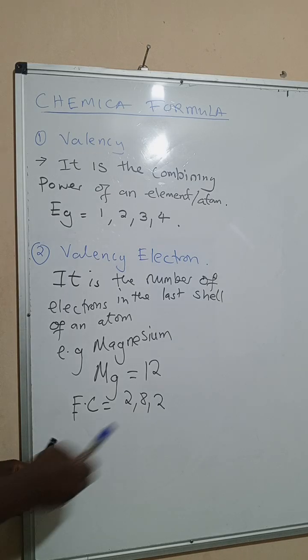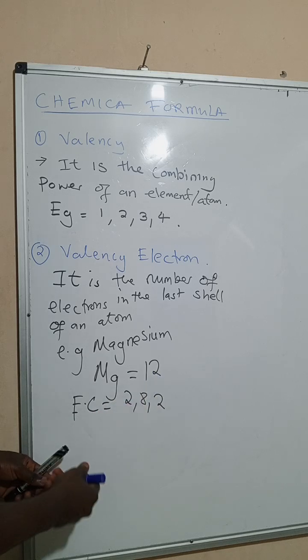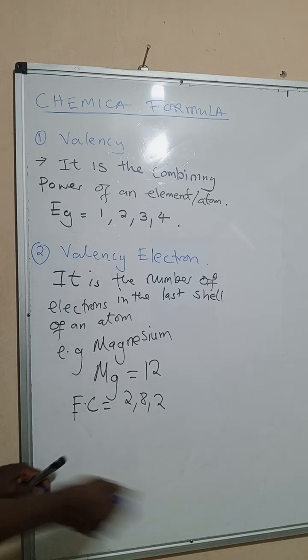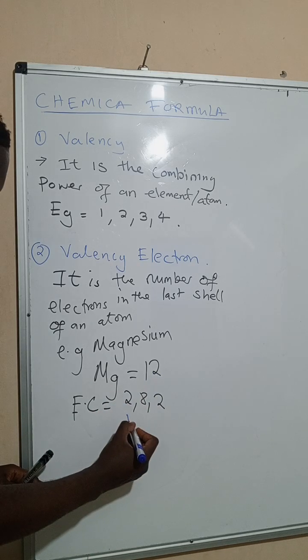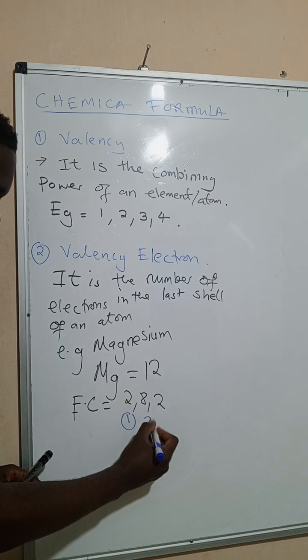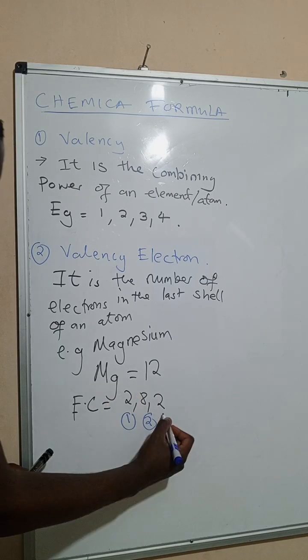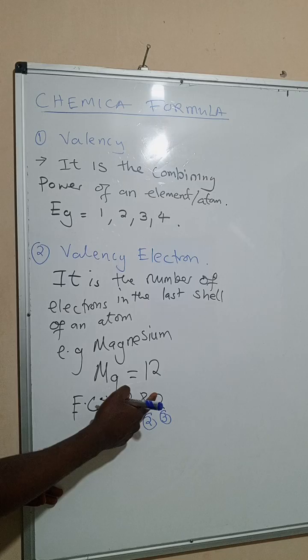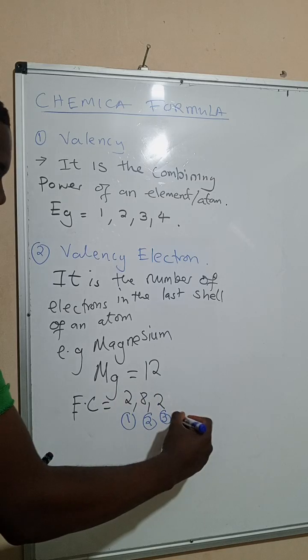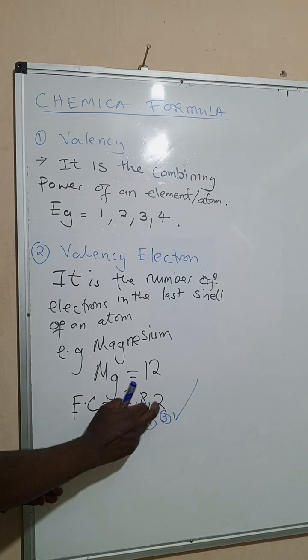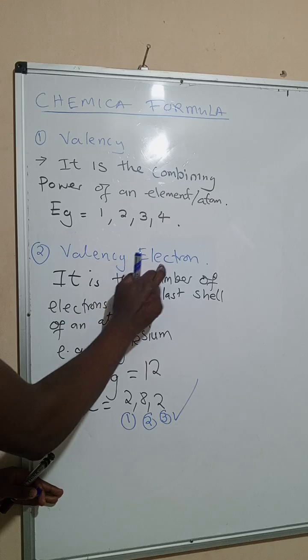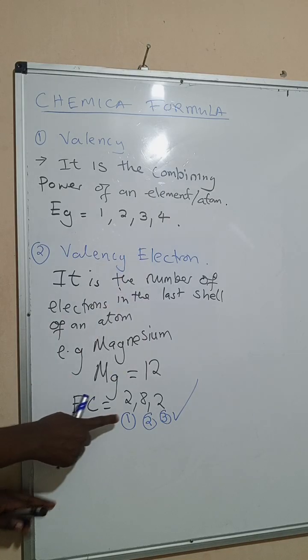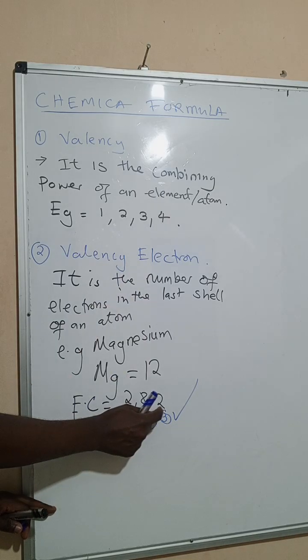This 2 is in the last shell. Shell number 1 has 2, shell number 2 has 8, and shell number 3 has 2. So the last shell is what gives the valency electron. It is the number of electrons in the last shell.